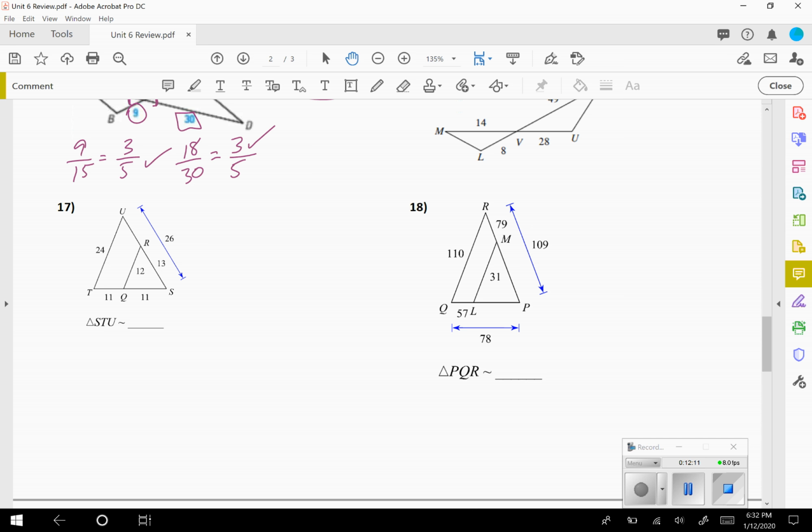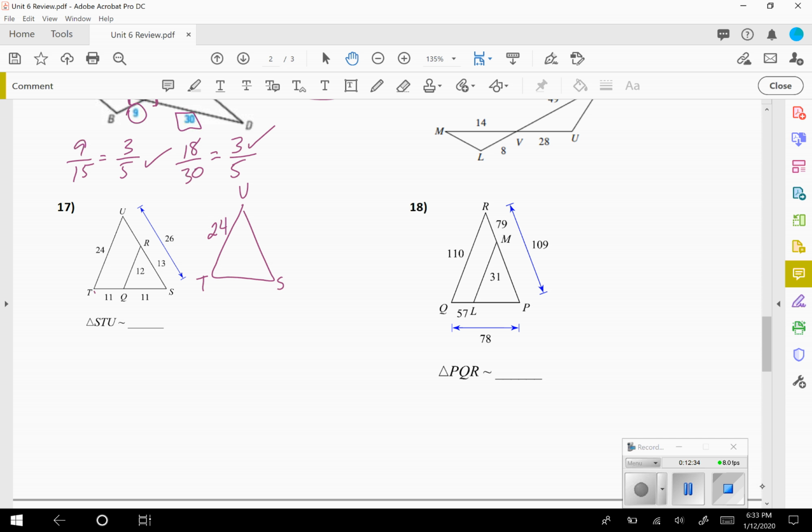Okay, question 17. On question 17 here, remember when we have these overlapping triangles, my suggestion is always for you to separate them out. So we have the big one, UTS. Okay, and we got this side here, it's 24.